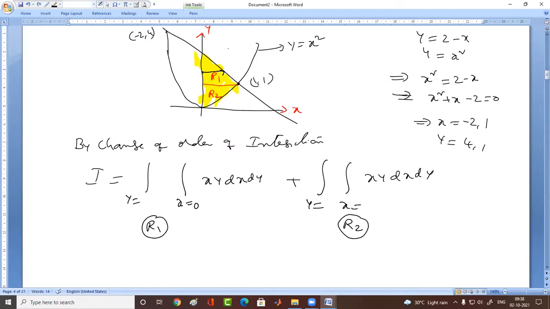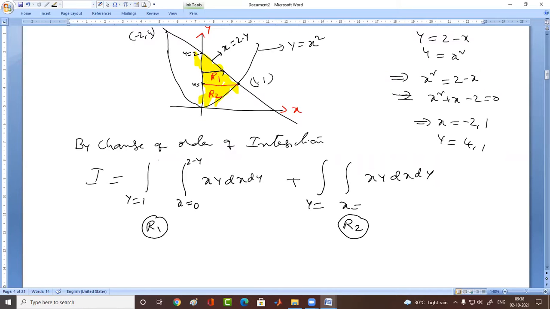Line, this line, what is the line here? Line equation is x equals 2 minus y. And y limits, y starting from here, y equals 1, starting limit. Here upper limit is y equals 2.